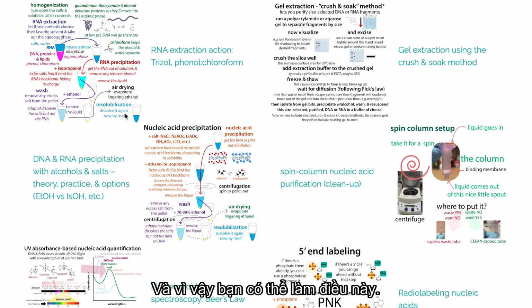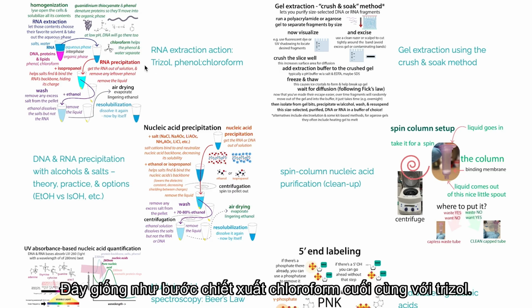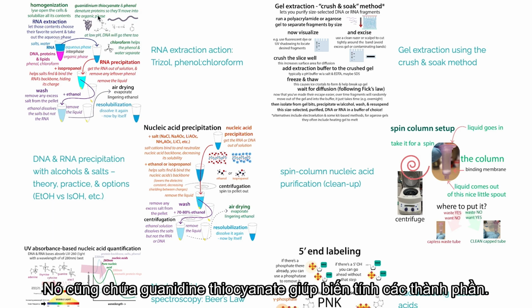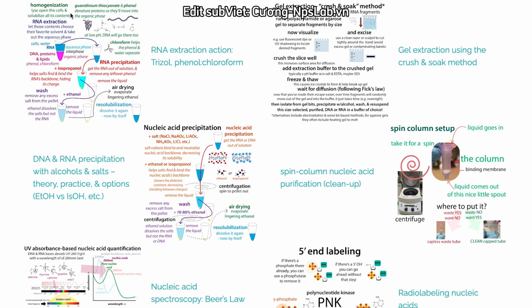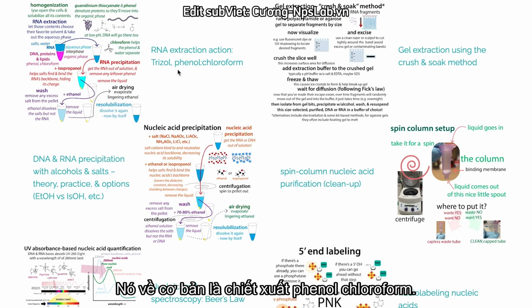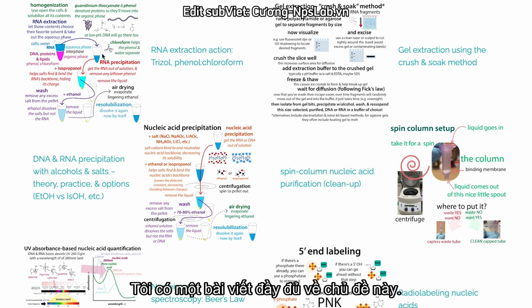And so you can do this. This is like a phenylchloroform extraction. Trizol also has guanidinium thiocyanate, which is going to help denature things, various things like this. So that's the trizol. It's basically phenylchloroform extraction with this guanidinium thiocyanate. And I have a whole post on this.